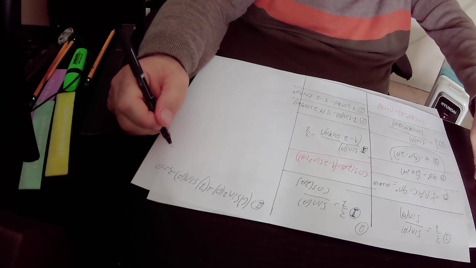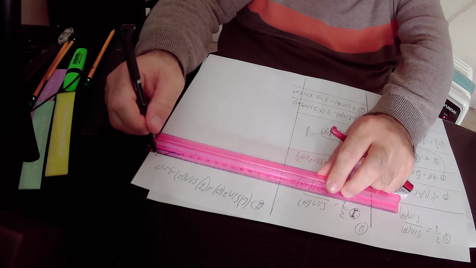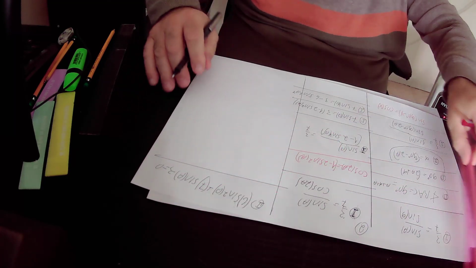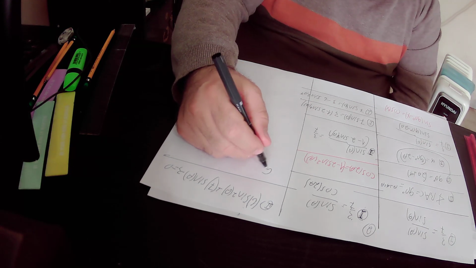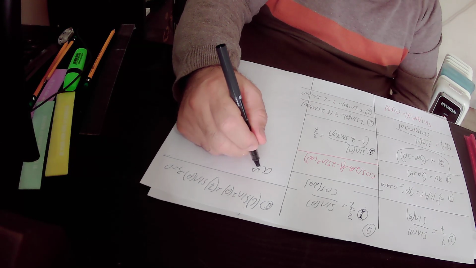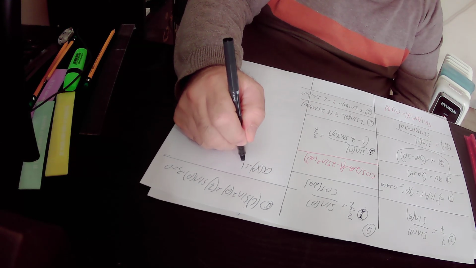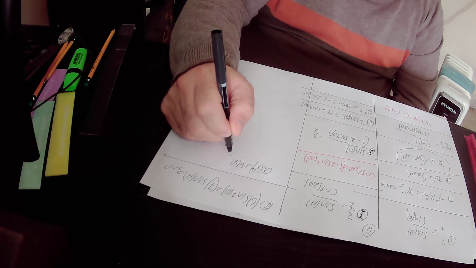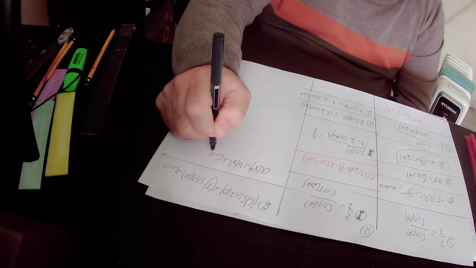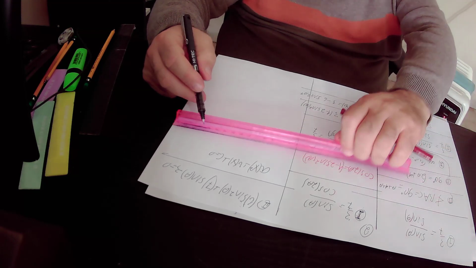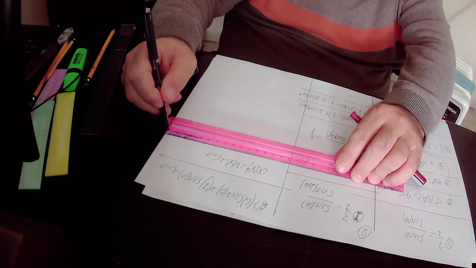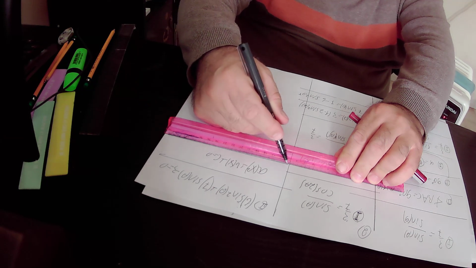So we have here a quadratic equation, and the general form of a quadratic equation is ax squared plus bx plus c equals 0, where a, b, and c are the coefficients of this quadratic equation, and x is the variable that we are looking for.